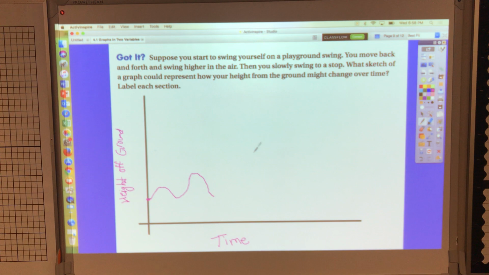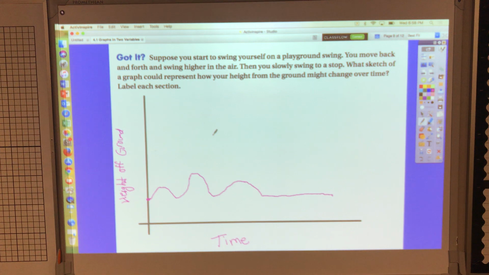And then it says I slowly swing to a stop. So I'm going to go backwards again, slowly, and I'm going to go to that maximum height again, and I'm going to slow down until I come back to my stop. And if I'm stopped, that height is constant. It's not changing. So we have that horizontal line at the end.